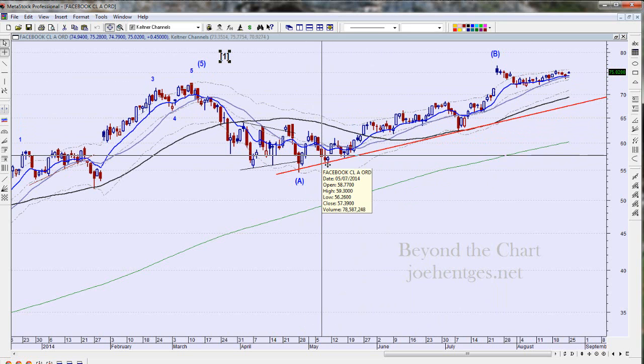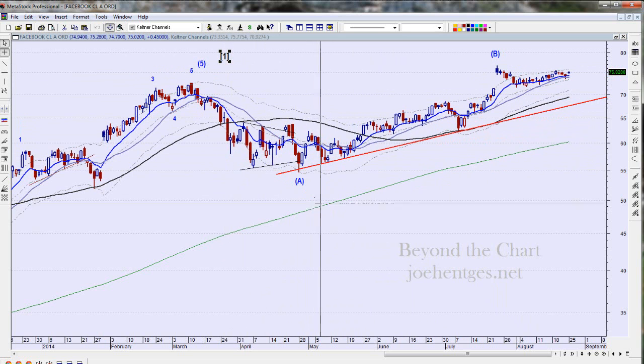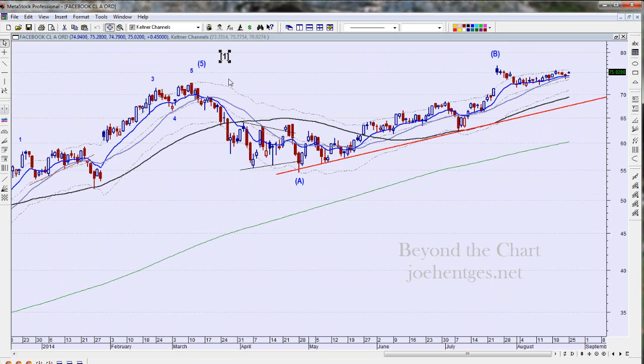If this was 2, then what you'd expect in a wave 3, which is supposed to be the strongest, is stuff like this going on, not stuff like this. So when I look at the wave structure and how it's acting, I'm very skeptical that this is truly a new, powerful wave 3.